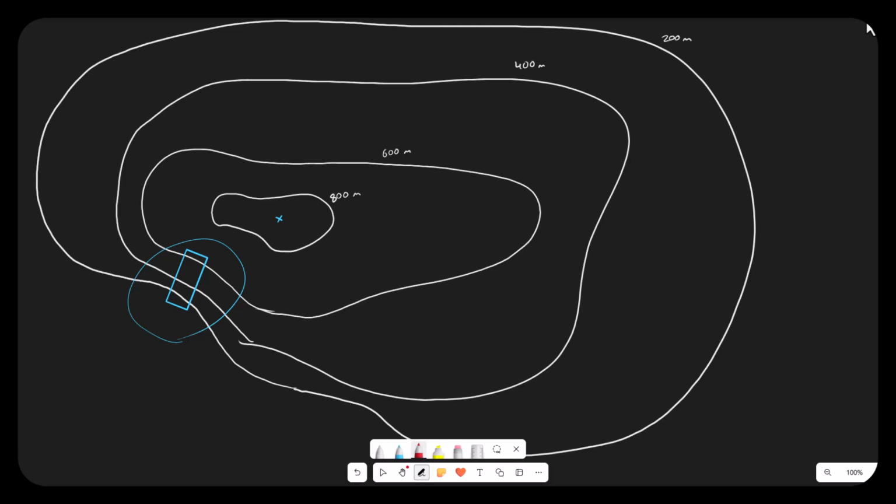Now, I had said my electric field points in the direction of the sharpest drop-off, so it's going to be perpendicular to these, and that's what's going to happen here too, right? If I put a ball down or something, it's going to roll like this. If I put it in this spot, it's going to roll like this.